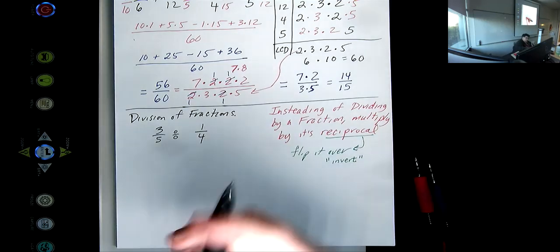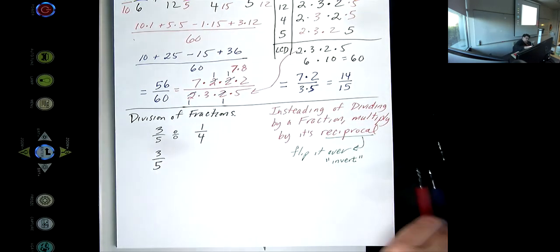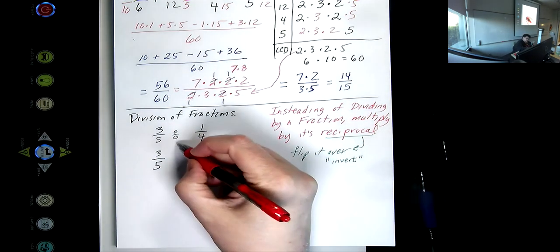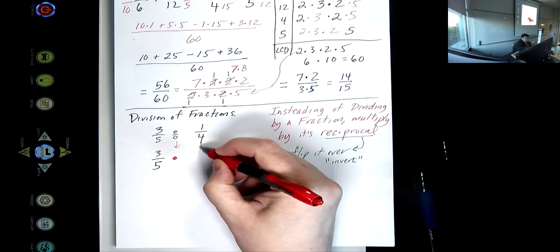What this means here is I'm going to leave the 3/5 the same. The division sign is going to turn into multiplication. And I am going to flip that one over.